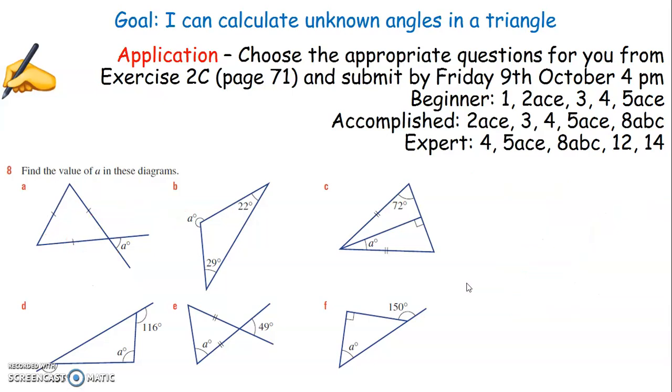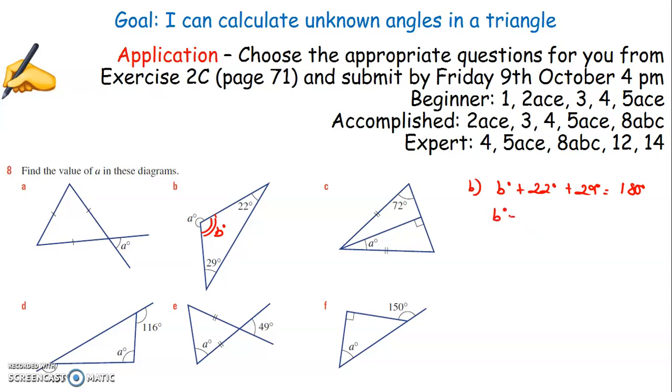Next, we are going to answer B. In order to work out what A is, we will need to work out what this one is. I'm going to call this B because, as you can see, they are obviously different from each other. How do we work out B? Well, B plus 22 plus 29 would give you 180. This is the angle sum of a triangle.